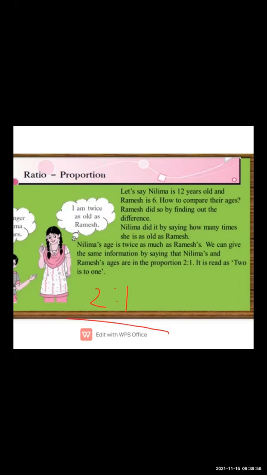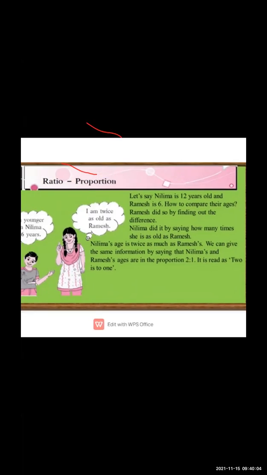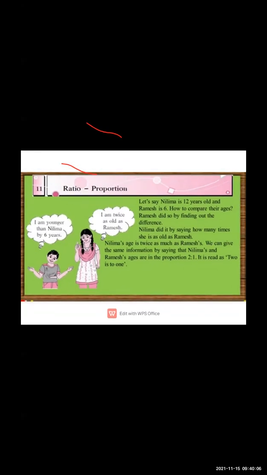Now see here. Ramesh is saying, I am younger than Nilima by 6 years. And Nilima is saying, I am twice as old as Ramesh.